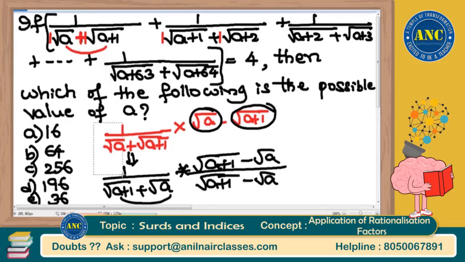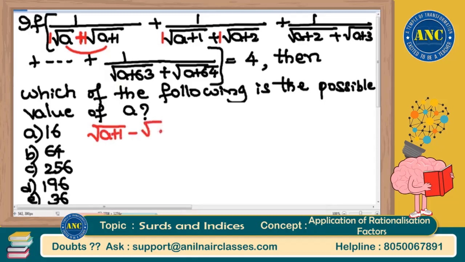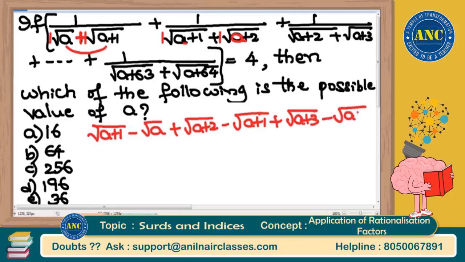Now suppose, let me remove it so that I can use the same screen to solve this question. Now see here, can I write each and every term as: first term is root of a plus 1 minus root a, second term is root of a plus 2 minus root of a plus 1. I hope the idea is clear. So it is plus root of a plus 2 minus root of a plus 1. Third term is root of a plus 3 minus root of a plus 2.